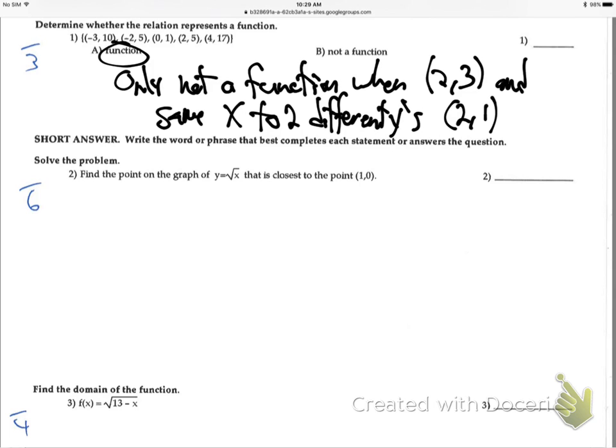That's the big no-no. If you have the same x going to 2 different y's, that would be the big no-no. We don't have that here. No problem. It doesn't have that problem. So that one's a function.